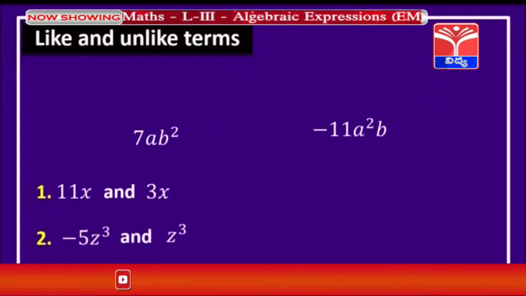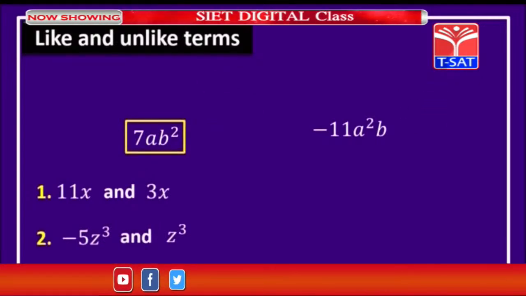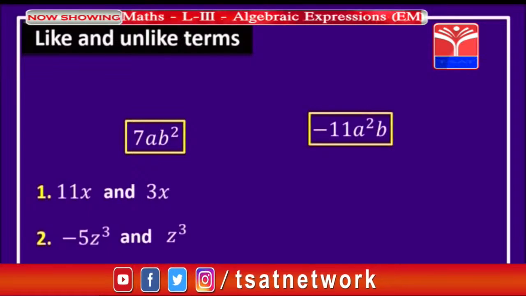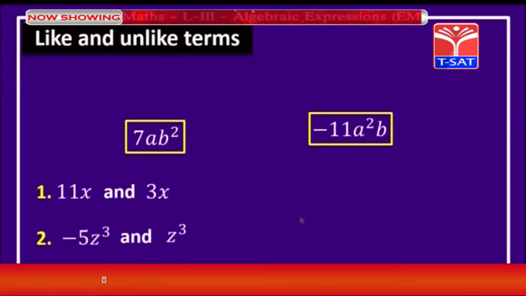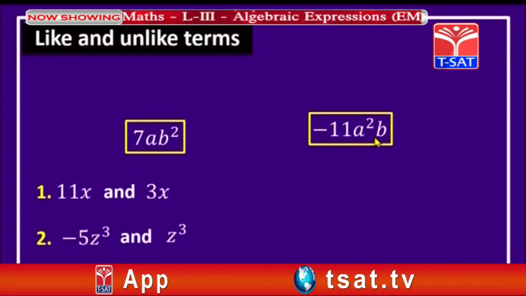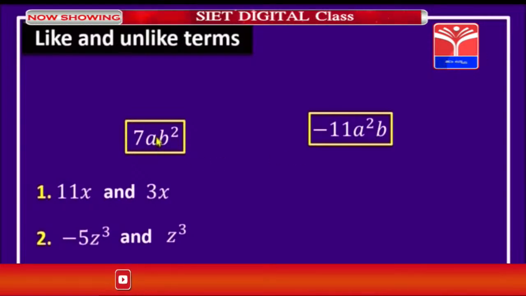Now we are left with two more quantities, that is 7ab square and minus 11a square b. Now in these two, we have the same variables a and b, but if you see their exponents, they are different. Here a's power is 1, but here in this case the power is 2.